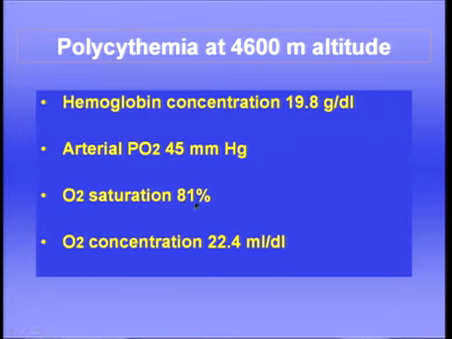Therefore their arterial oxygen saturation, of course, is reduced. But because the hemoglobin concentration is so high, the oxygen concentration of the arterial blood can be as high as 22.4 mils per deciliter, which actually exceeds that of ourselves at sea level. So you can see the power of polycythemia in these people who live permanently at high altitude.